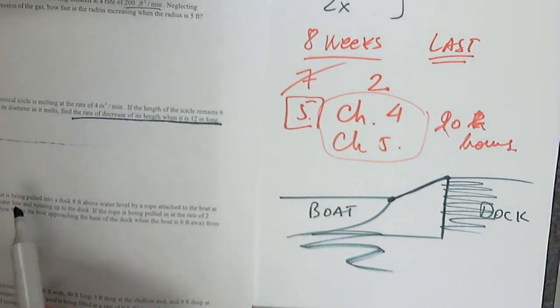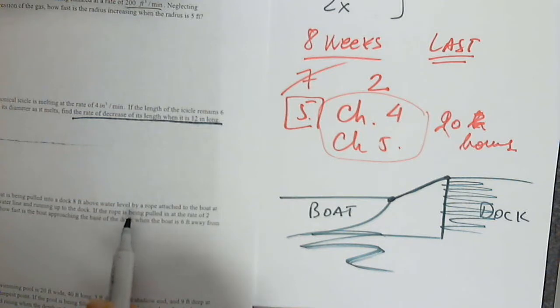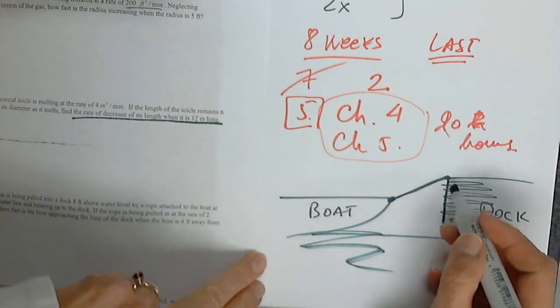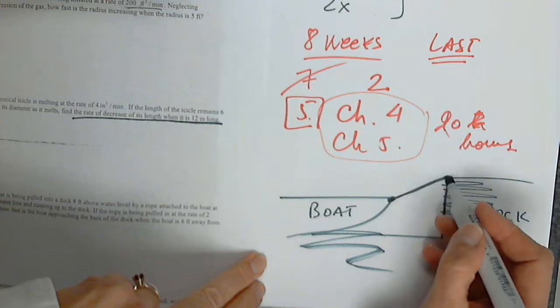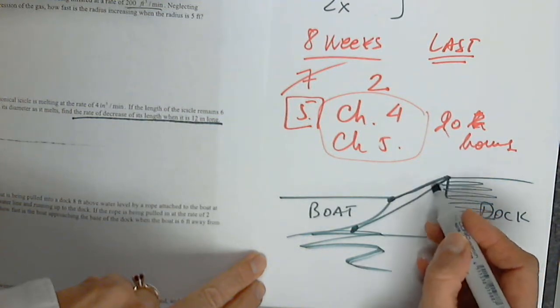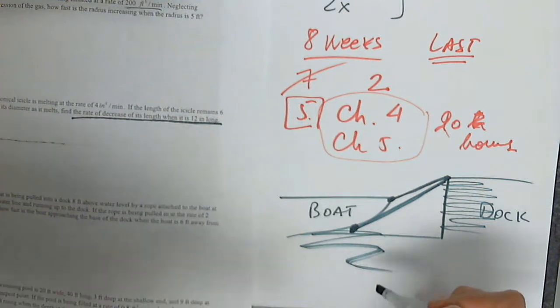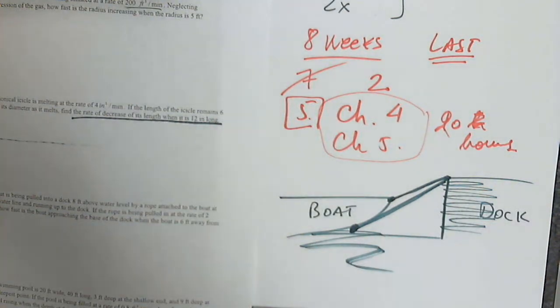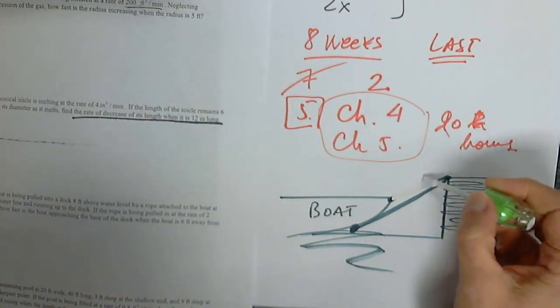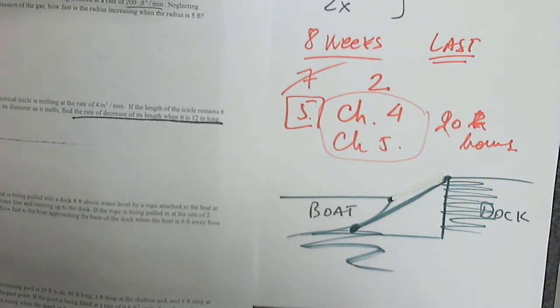It says a boat is being pulled into a dock 8 feet above water level by a rope attached to the boat at the water line. That's my mistake, it has to be at the water level, right here somewhere. A rope attached to the boat at the water line and running up to the dock. Okay, so that's the situation here. Because I showed the water there, I have to connect the rope at that level.